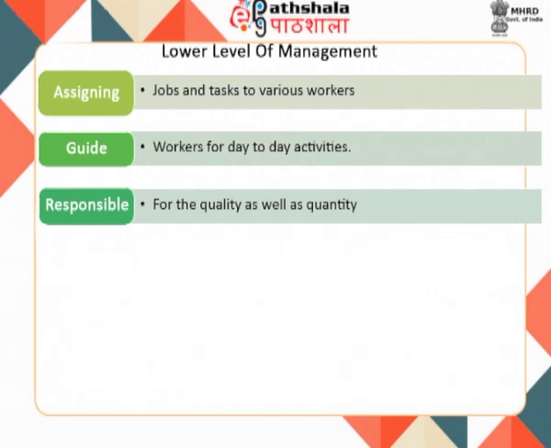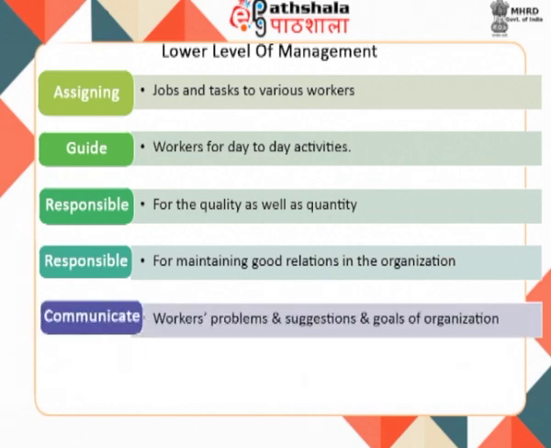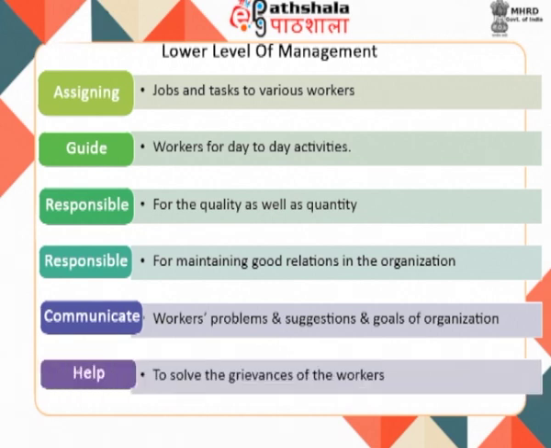They are also entrusted with the responsibility of maintaining good relations in the organization. They communicate workers' problems, suggestions, and recommendatory appeals, etc., to the top level management and communicate higher level goals and objectives to the workers. They help to solve the grievances of the workers.